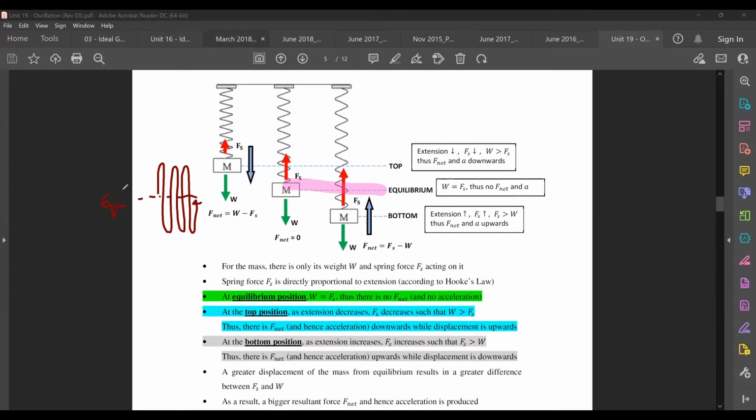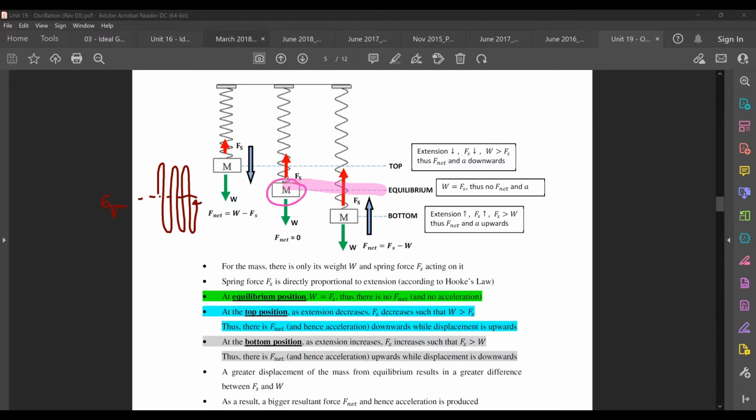What you're interested to know is what happens to the acceleration of the object with displacement from the equilibrium position. That's what you want to find out right now. First consider the case when your object is at equilibrium.